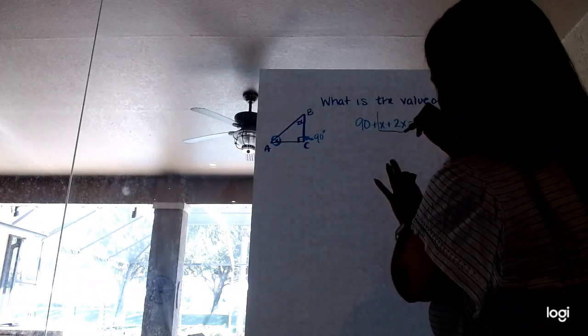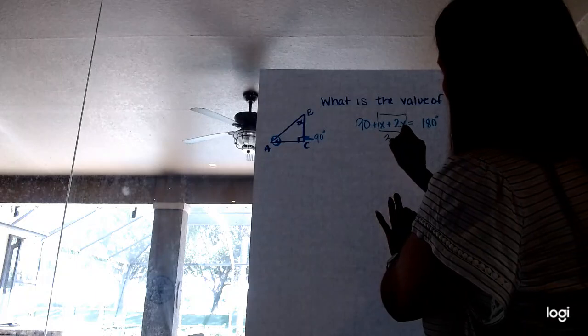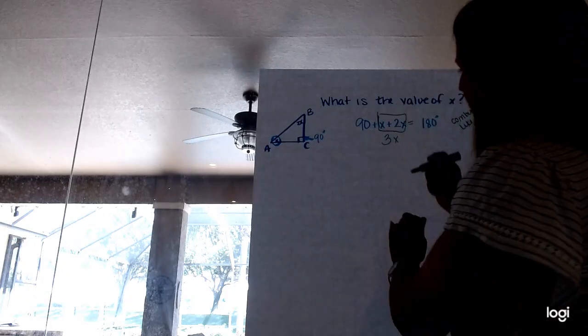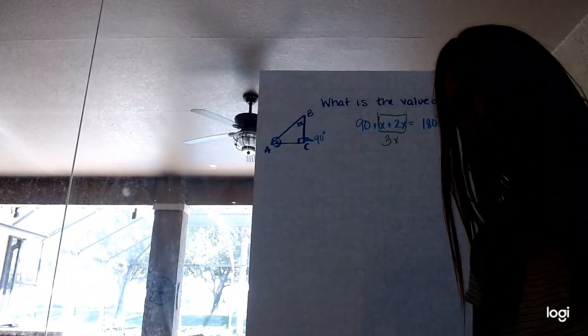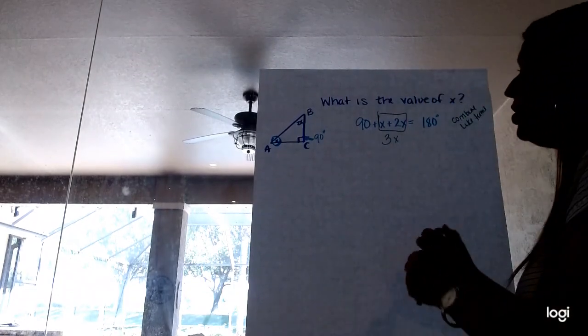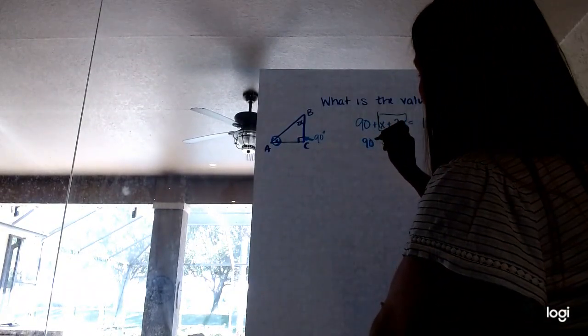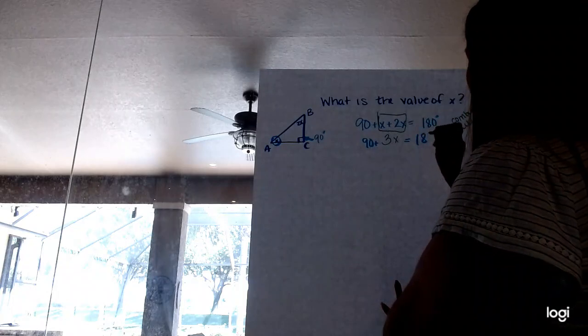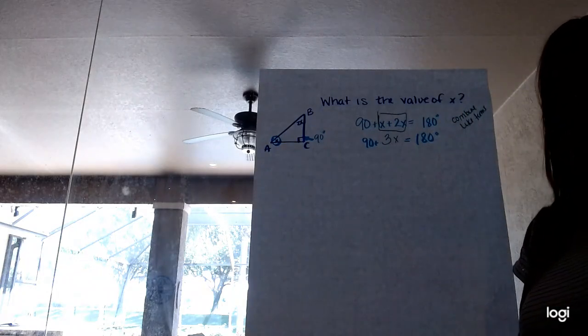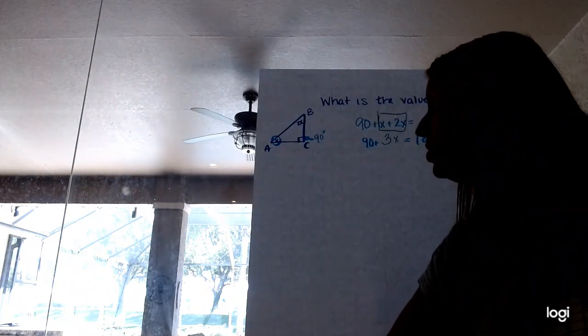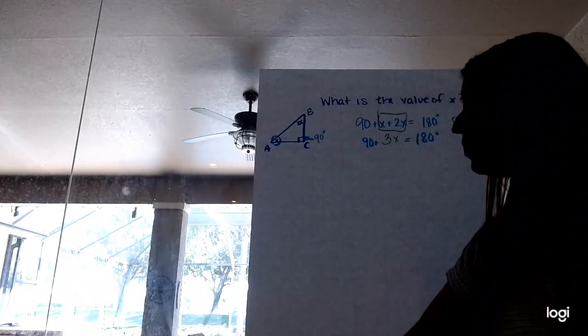So my x's are like terms. 2x plus 1x is going to give me 3x. And then I'm going to go 90 plus 3x equals 180 degrees.